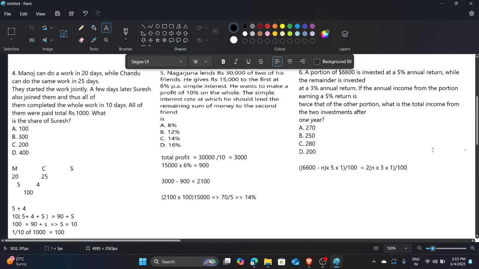Okay, so when we try to solve this, the 100 cancels. Then 5 into 6600, minus 5n. What I have done is simply multiplied 5 with the whole equation, and here also I have to do the same thing.